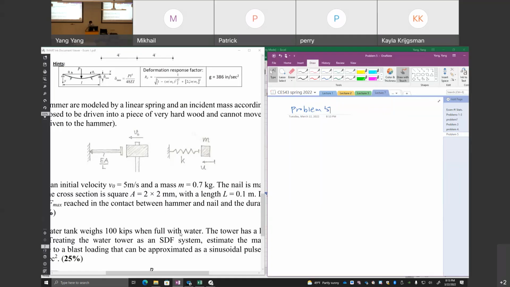Before you solve this problem, you need to ask yourself what type of problem it is. So far we have discussed the free vibration of a system as well as the forced vibration of a system. So is this a free vibration or forced vibration?